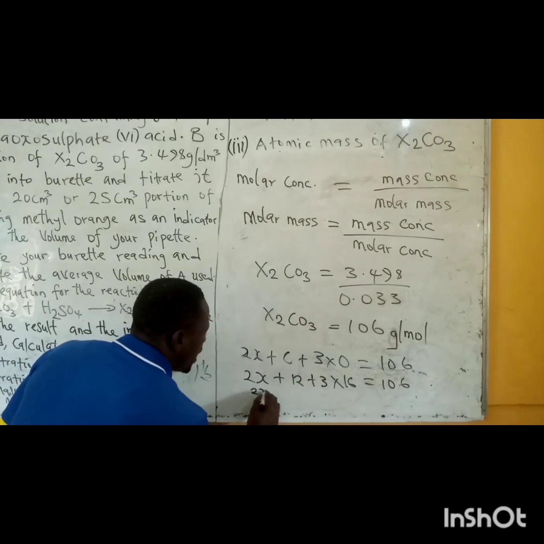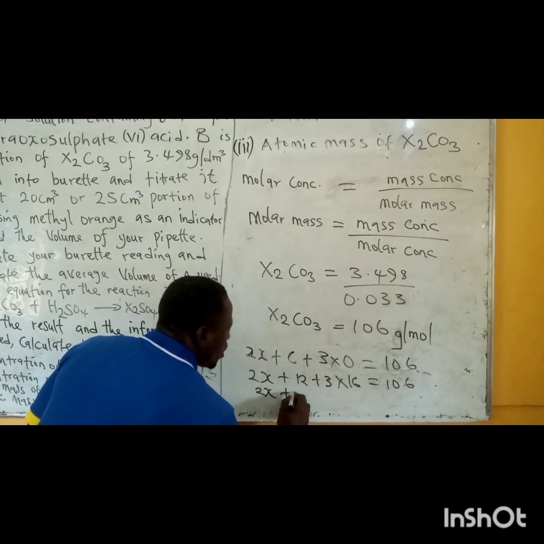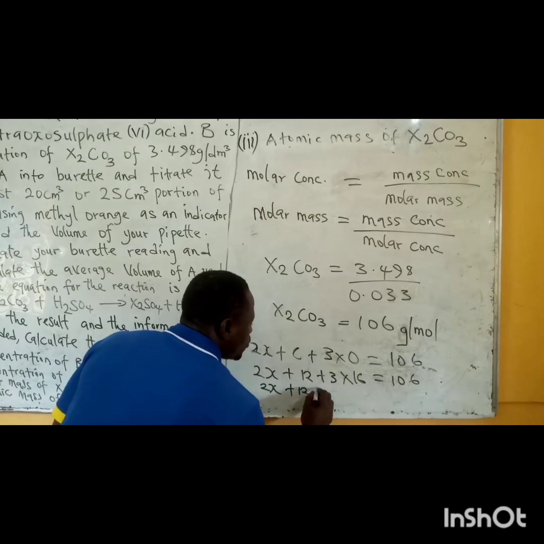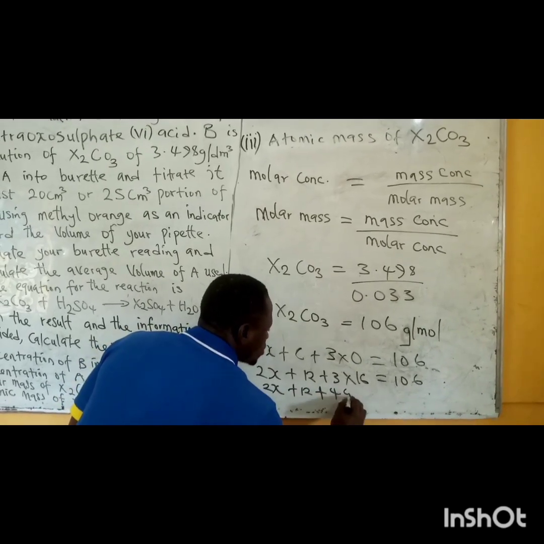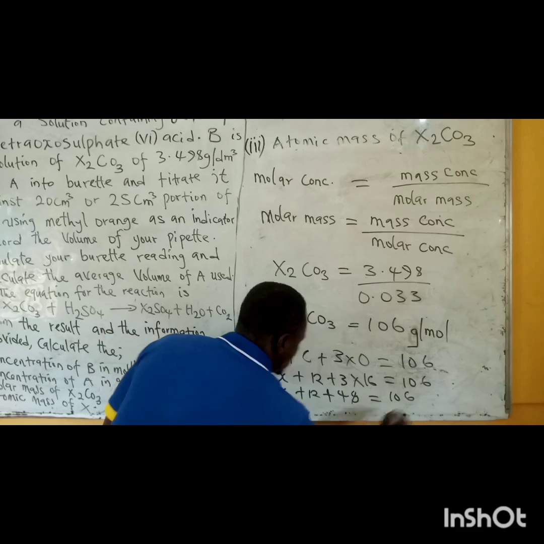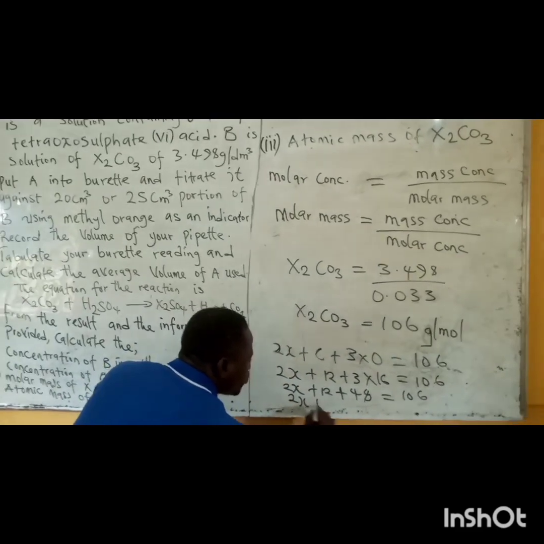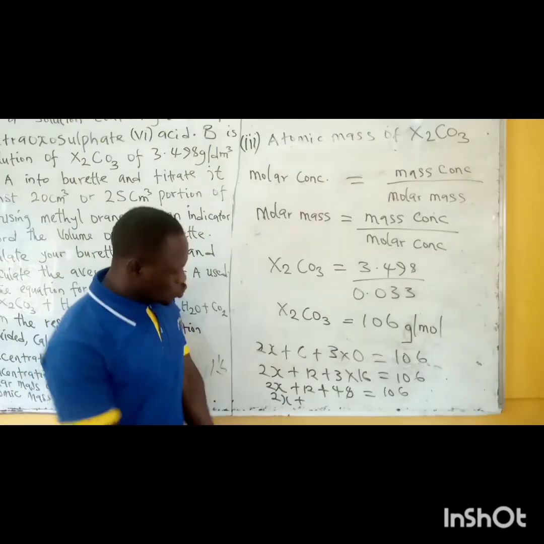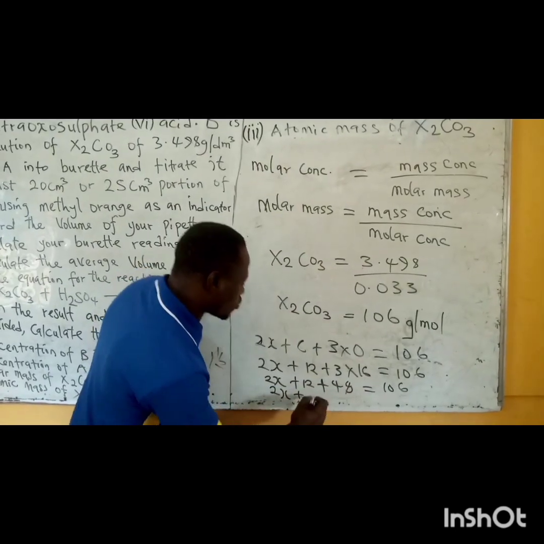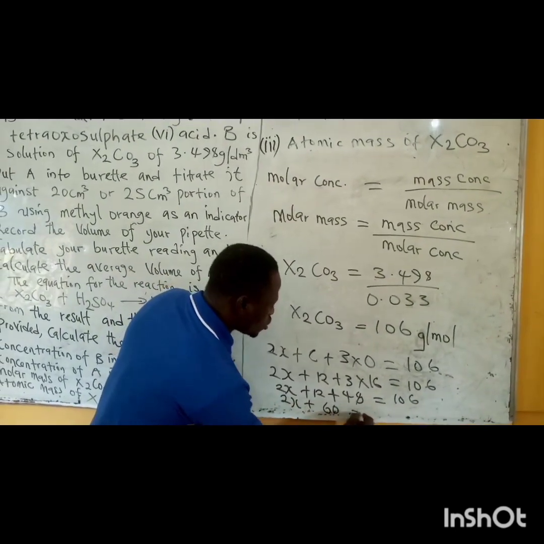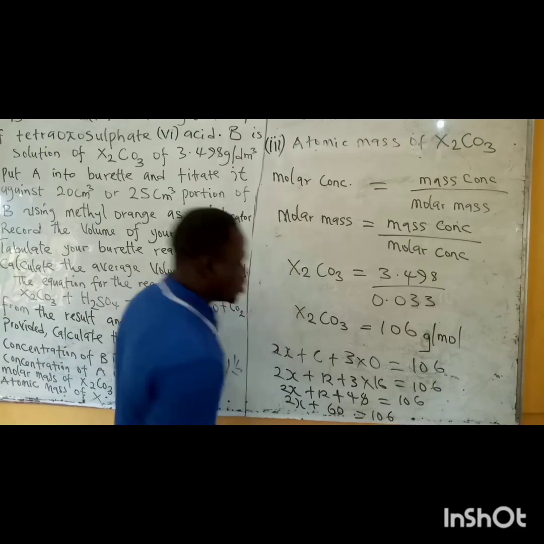And 2x now plus 12 plus this one times will give you 48. Plus 48 will give you 106. And 2x now plus, I hope you are following. 2x now is this one, add this one plus will give you 60, is equal to 106. I hope you are following.